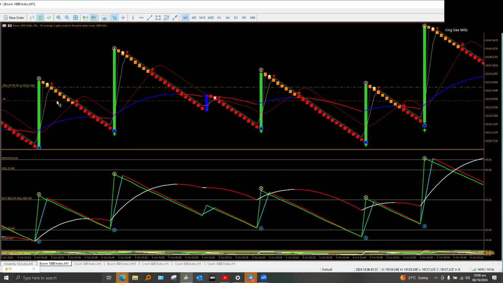It's risky if you're caught by a spike, but if you're able to understand the risk and do the right thing according to what the system is giving you, you're very safe to be making 250 or $200 each time. So you're able to double the account in a day.